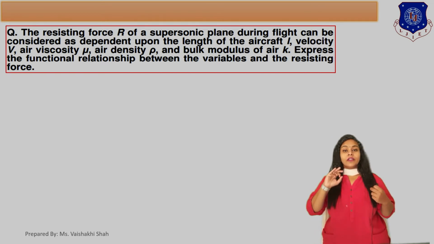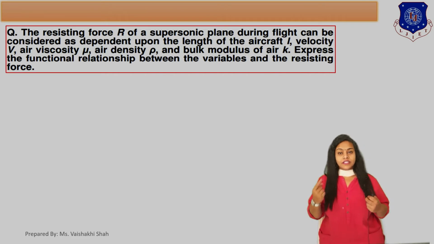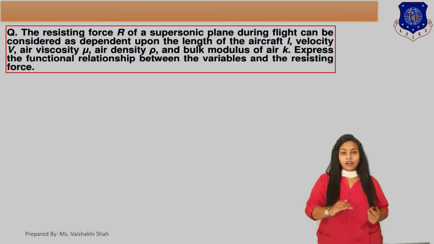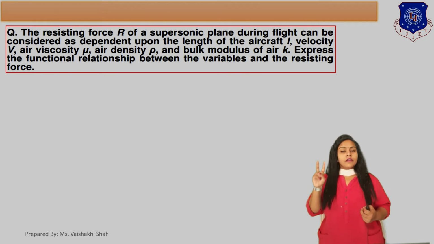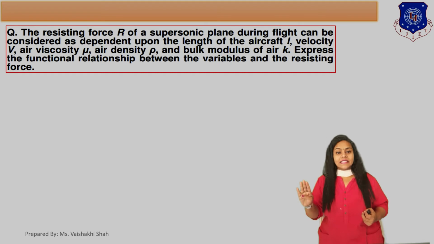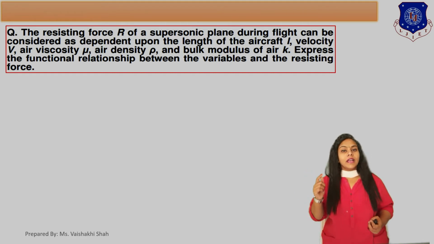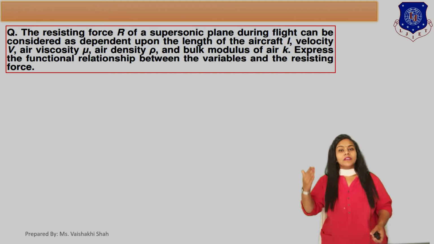Here the resisting force R is dependent on length of aircraft, velocity of aircraft, air viscosity, air density, and bulk modulus of air. So those are your x1, x2, x3, x4 up to xn.